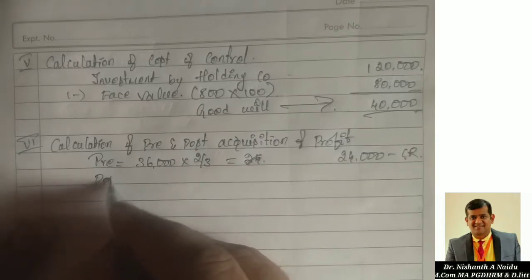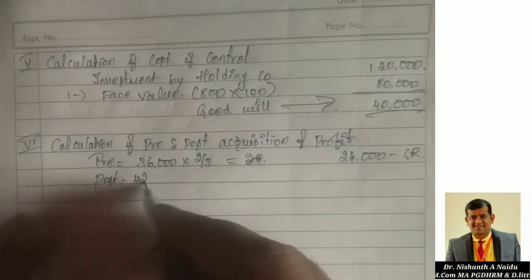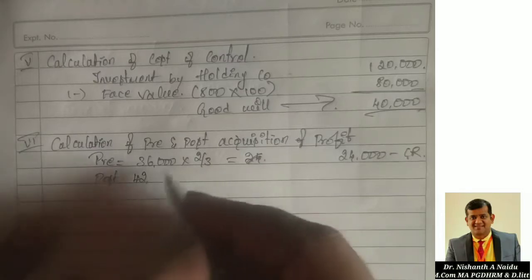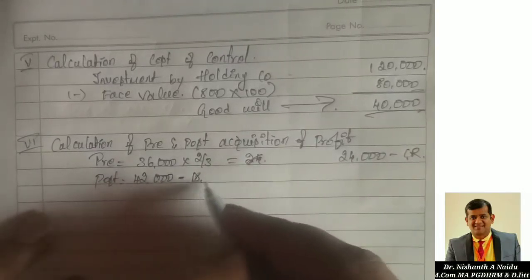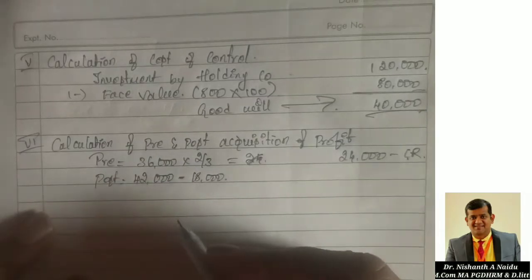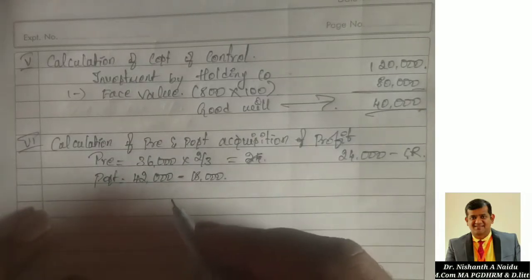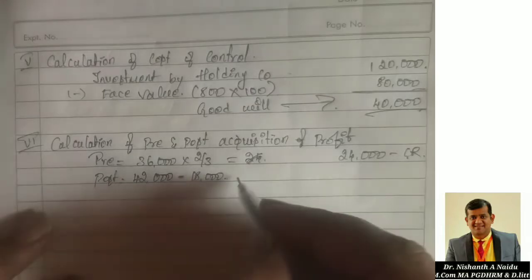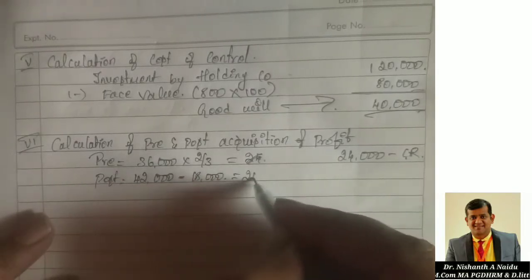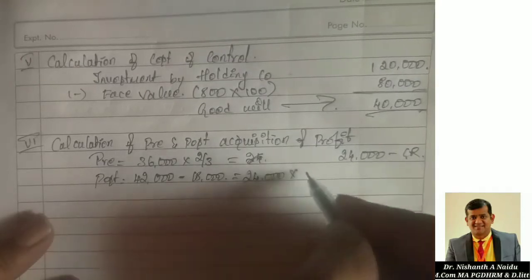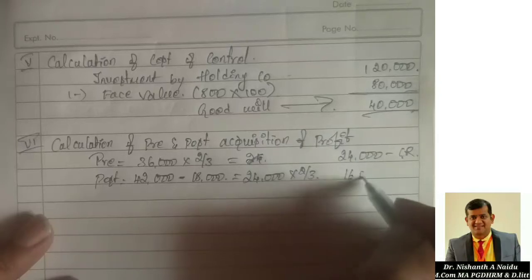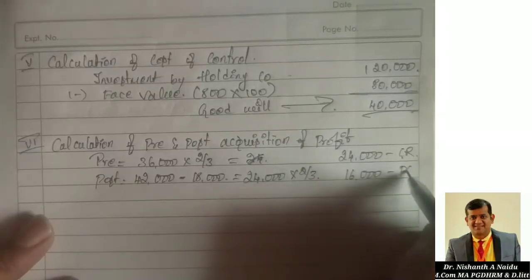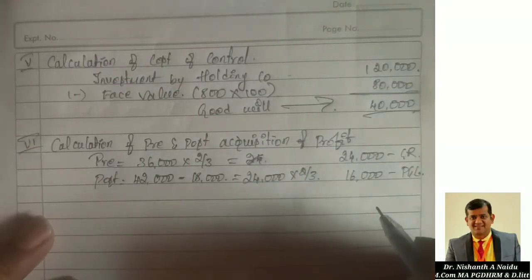Then post acquisition: he has given 42,000 rupees, so I am taking 42,000 minus 18,000, which has been given in the adjustment. So you will get 24,000. 24,000 into 2 by 3 is 16,000, which needs to be transferred to the P&L account.